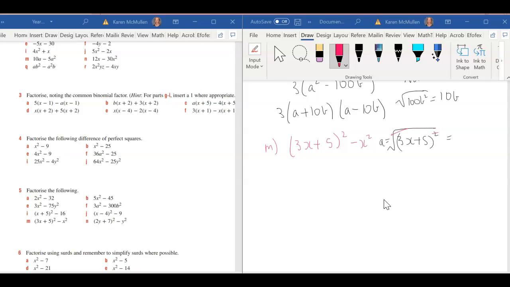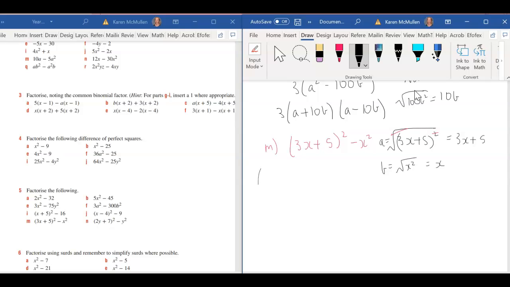The square root just cancels out with your squared, and you're left with 3x plus 5. We're not taking the square root of what is inside the bracket. That square root cancels with the squared sign. I feel like some students will make that mistake. The square root and the square cancel each other out, and what is inside the bracket just stays the same. Then b is just the square root of x squared, which is x.